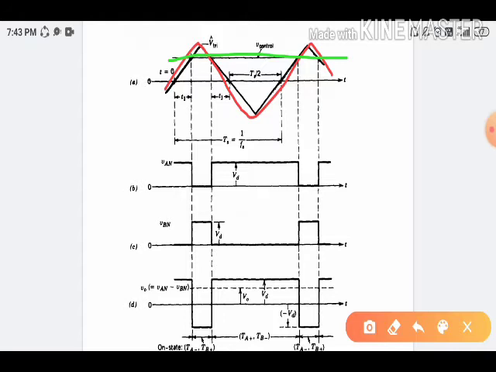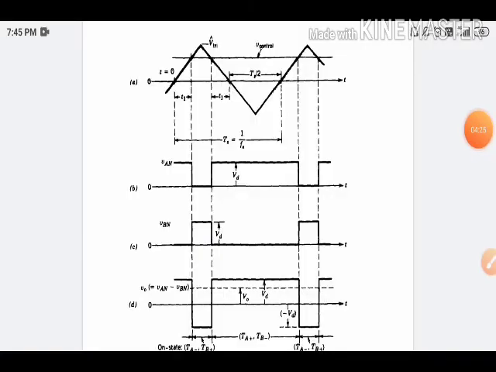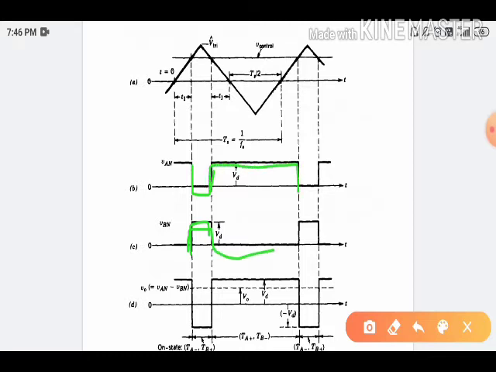In the last lecture we have seen what VAN is when TA positive and TB negative is on, and vice versa. Here we can see the VAN and VBN waveforms, and the output voltage is VAN minus VBN. So the voltage levels VD and minus VD appear as we subtract VAN and VBN.